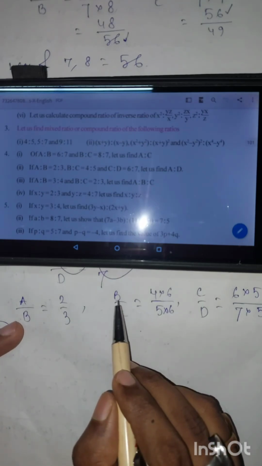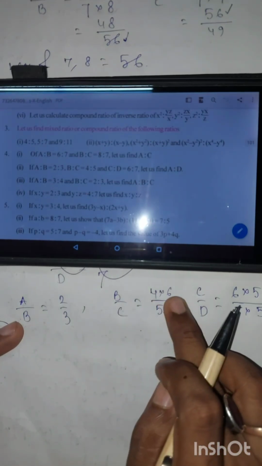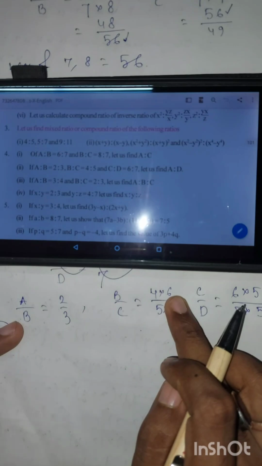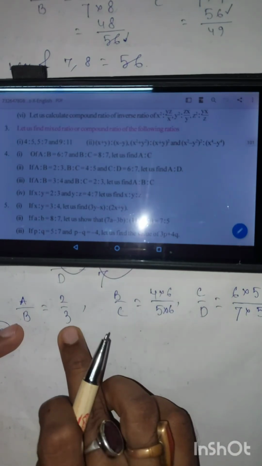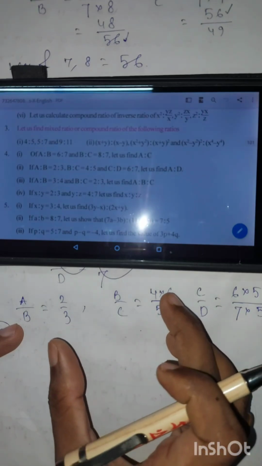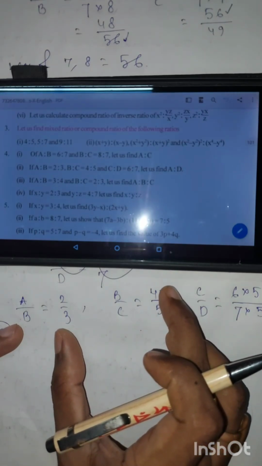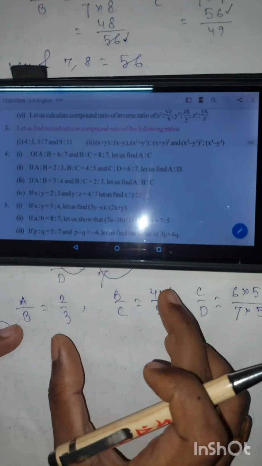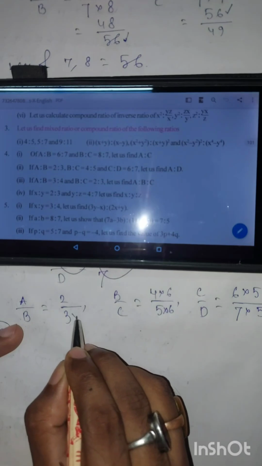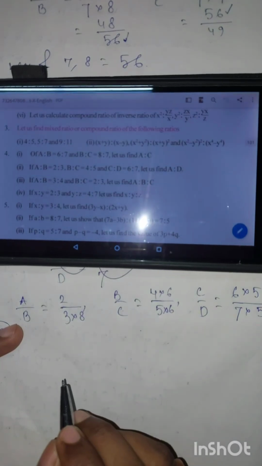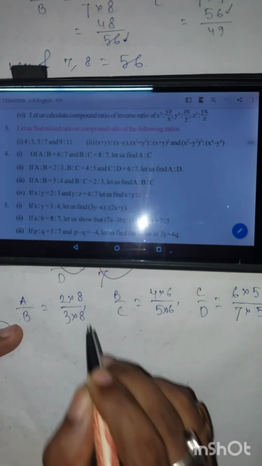Here we can see B is 24 and here B is 3. So we need to make it 24, so that the B part becomes equal in these two ratios. So to make it 24, we need to multiply it by 8. And to keep the ratio unchanged, we need to multiply the numerator also by 8.